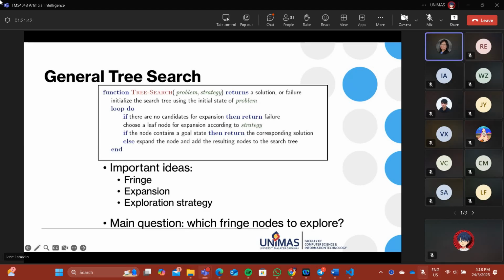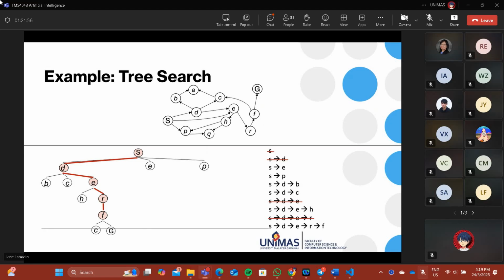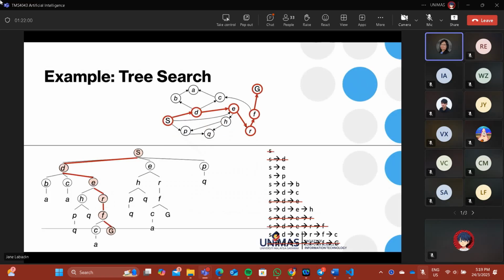If not, then you expand that node and add the resulting nodes to the search tree. So basically, here you reach the goal, and it shows you the path of reaching the goal.